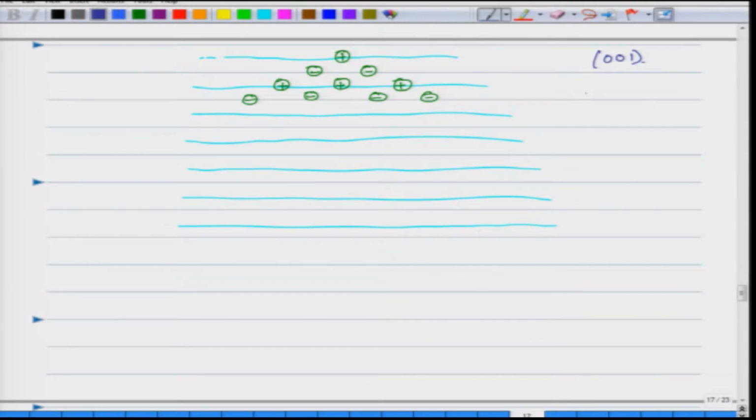The directions, if you want to look at it, will be 110 in this direction and 1-10 in this direction. So, this can be one of your Burgers vectors, but right now we are assuming this is your Burgers vector in this direction.